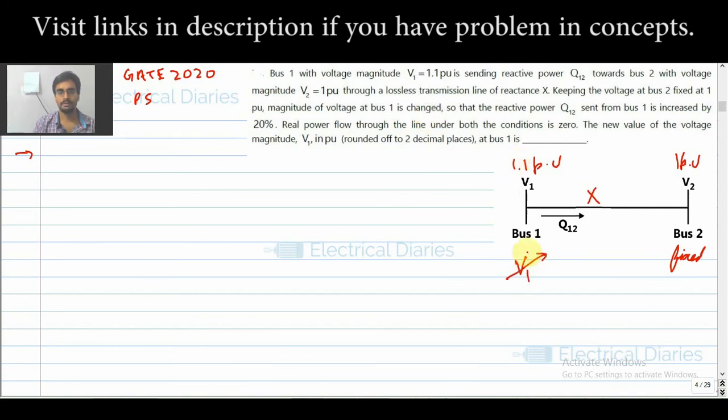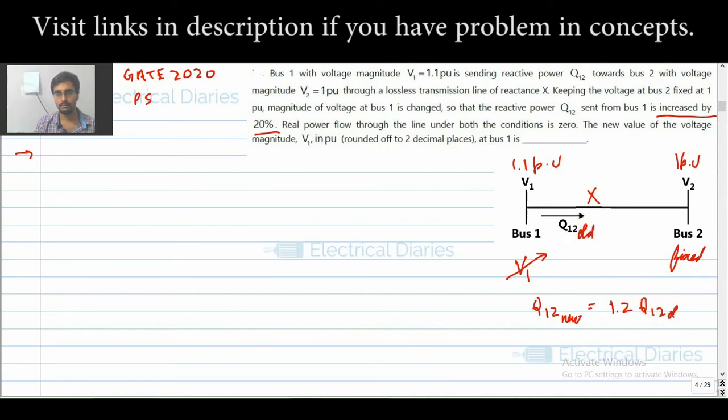V1 you are changing so that the reactive power Q12 sent from bus 1 is increased by 20%. Let me formulate it this way: you changed your V1, so your Q12 new is increased by, so always read the question carefully, it means 1.2 Q12, where Q12 is Q12 old.